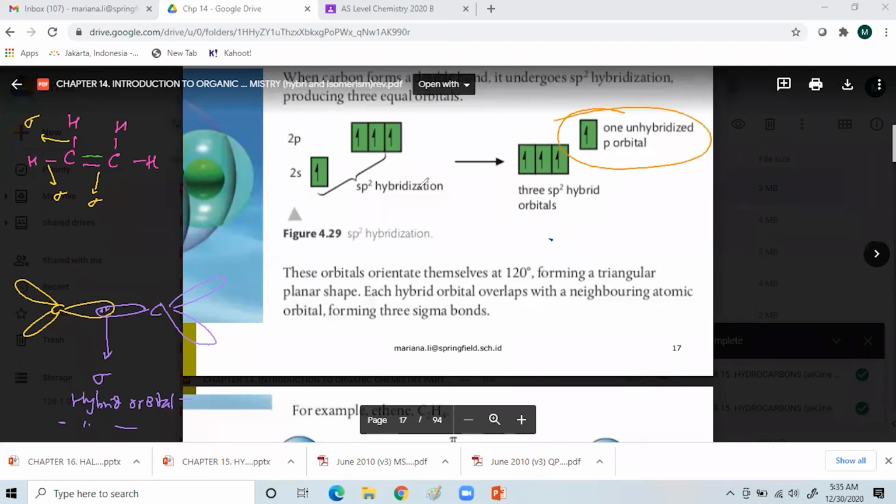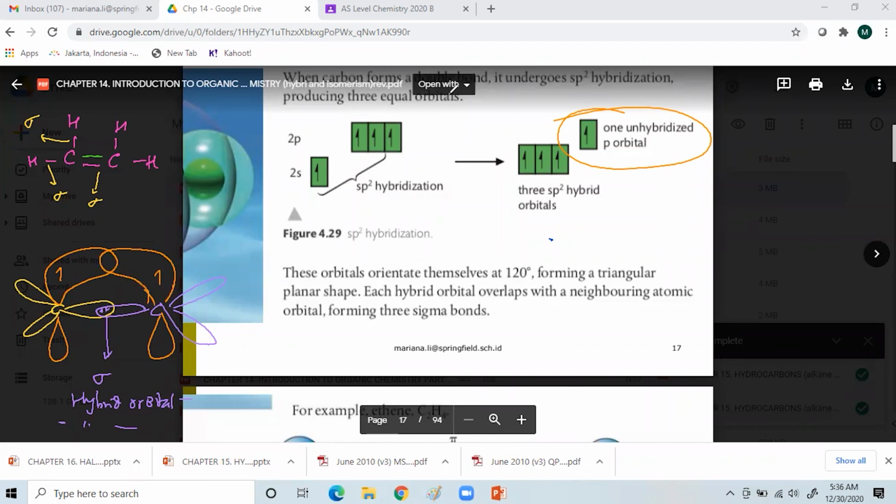This one is the unhybridized p orbital. Let's draw it. I draw it with orange color, because of one electron, and then they join together. The process is like this. They will combine.